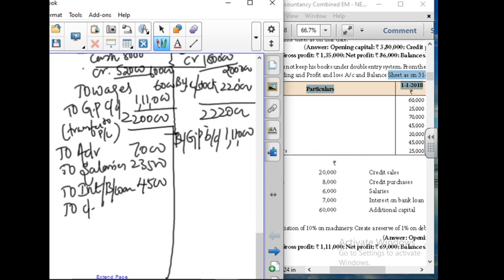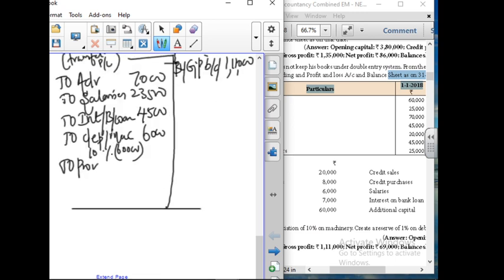So To depreciation on machinery, it is 10 percentage. It comes around 6,000. I think you know the amount: 10 percentage on 60,000, you have to find it out. So it comes around 6,000. Next, To provision for doubtful debts.